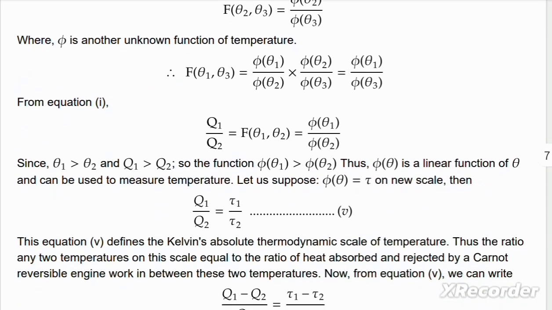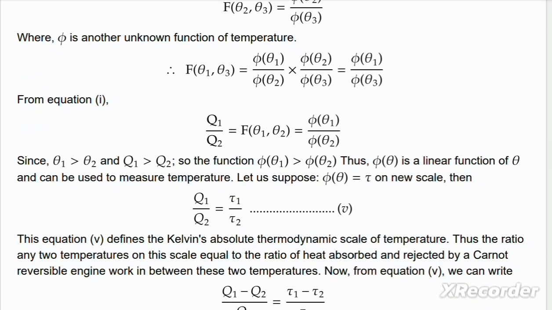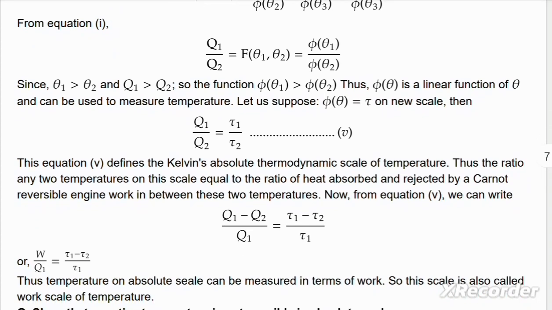From equation 1, Q1 divided by Q2 equals f(theta 1, theta 2) equals phi(theta 1) divided by phi(theta 2). Since theta 1 is greater than theta 2 and Q1 is greater than Q2, phi(theta 1) is greater than phi(theta 2). This phi(theta) is a linear function of theta and can be used to measure temperature.